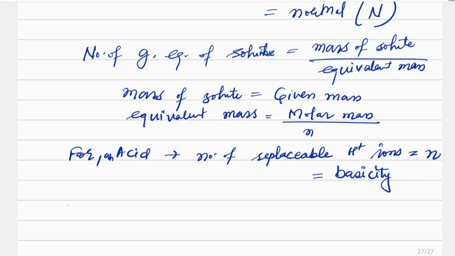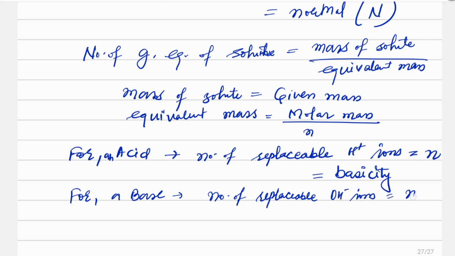And for a base, the number of replaceable OH negative ions is going to be that n factor, and over here it is going to be called acidity.